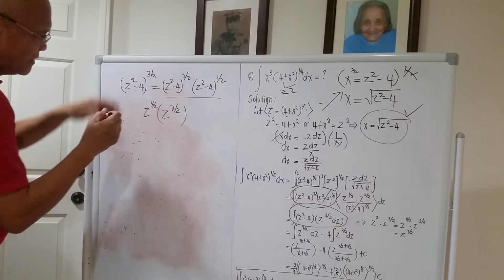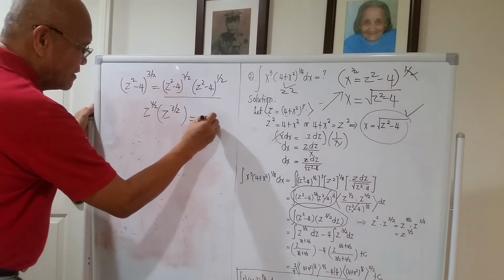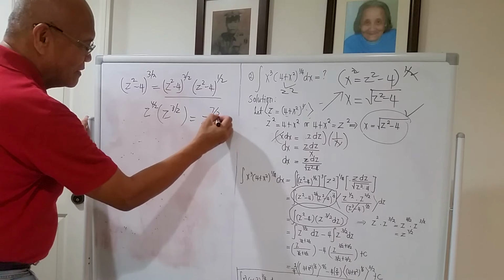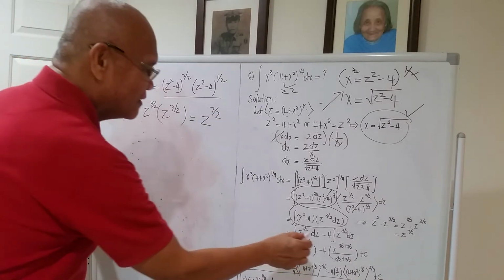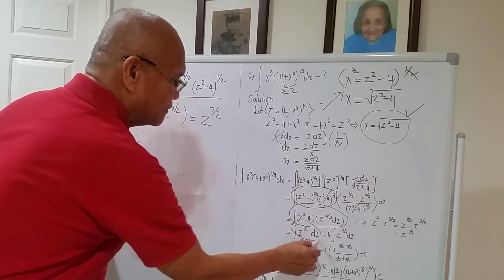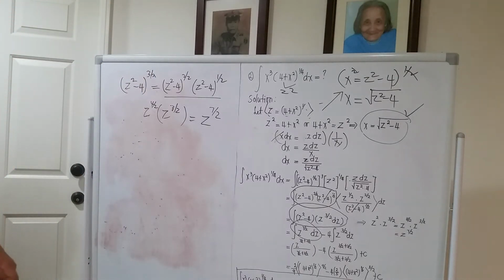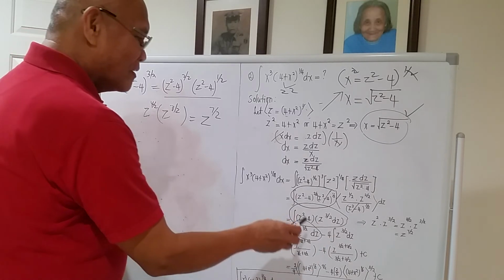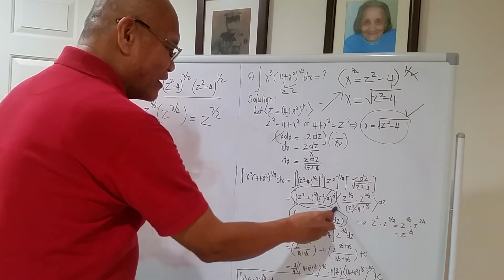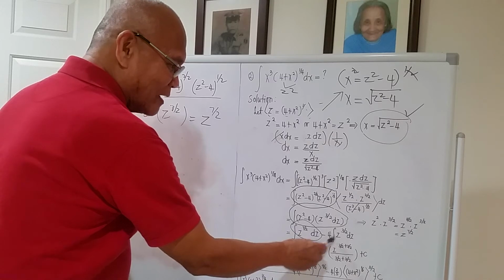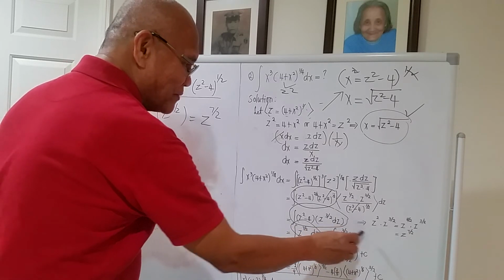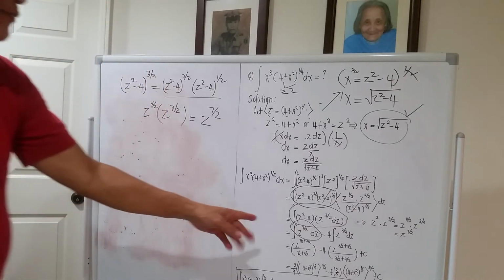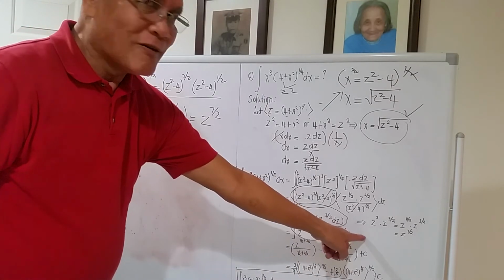Same base, so 4/2 plus 3/2 is 7/2. It is this. And the second term, standing alone, 4 times z to the 3/2 dz. This is 4, I bring it out, the integral of z to the 3/2 dz. Right? So they are both under the power formula now.